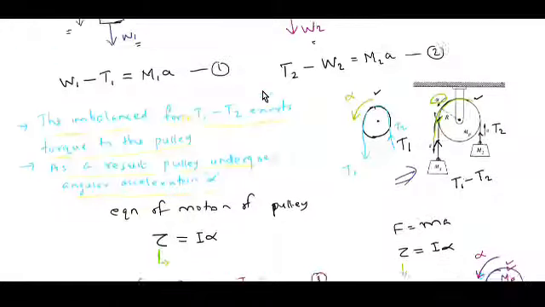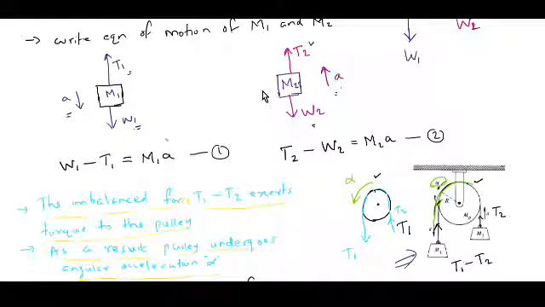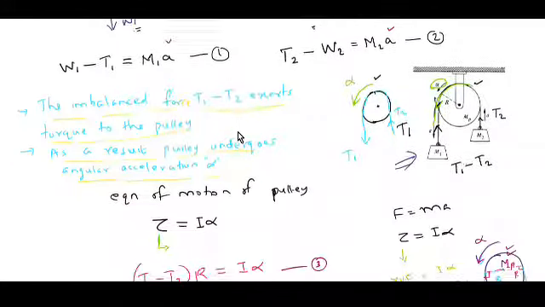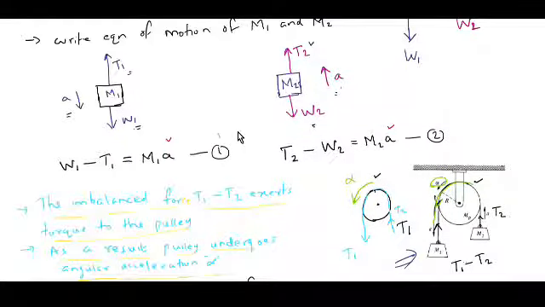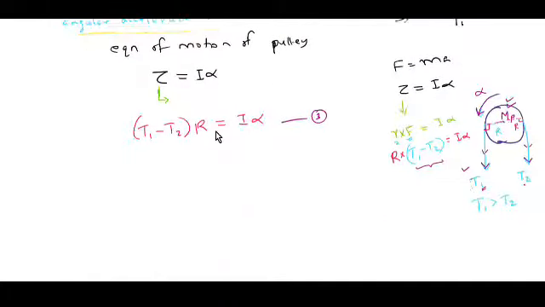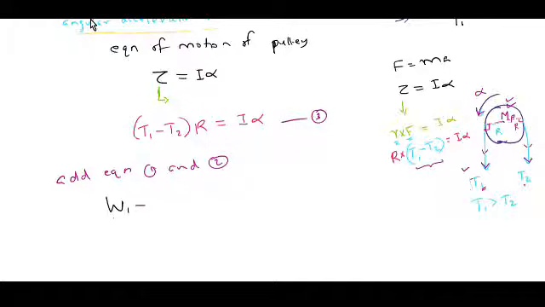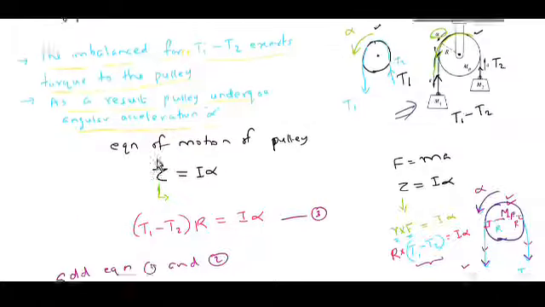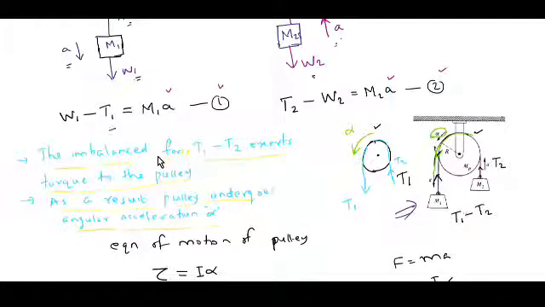Our aim is to calculate this acceleration A. For this, we can add equation 1 and equation 2. Okay, let me write: add equation 1 and 2. Equation 1 is nothing but W1 minus T1.